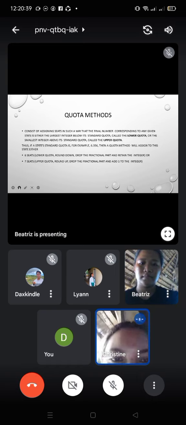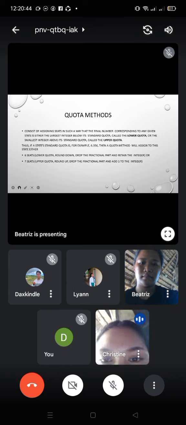Quota methods consist of assigning seats in such a way that the final number corresponding to any given state is either the largest integer below its standard quota, called the lower quota, or the smallest integer above its standard quota, called the upper quota.